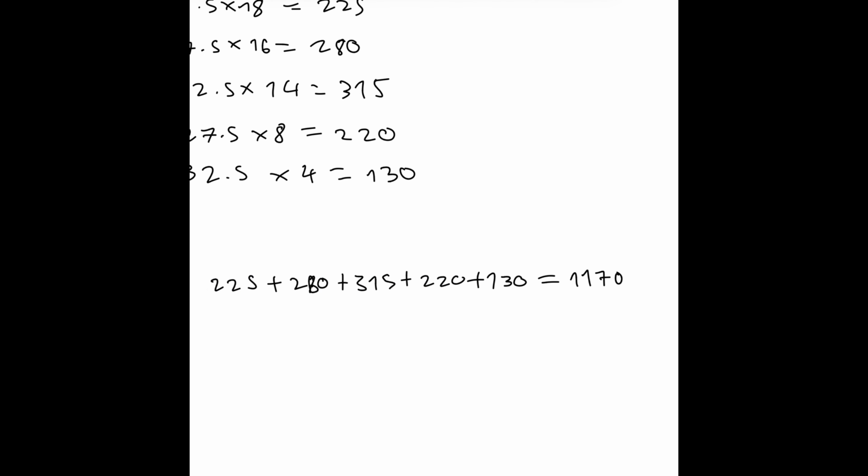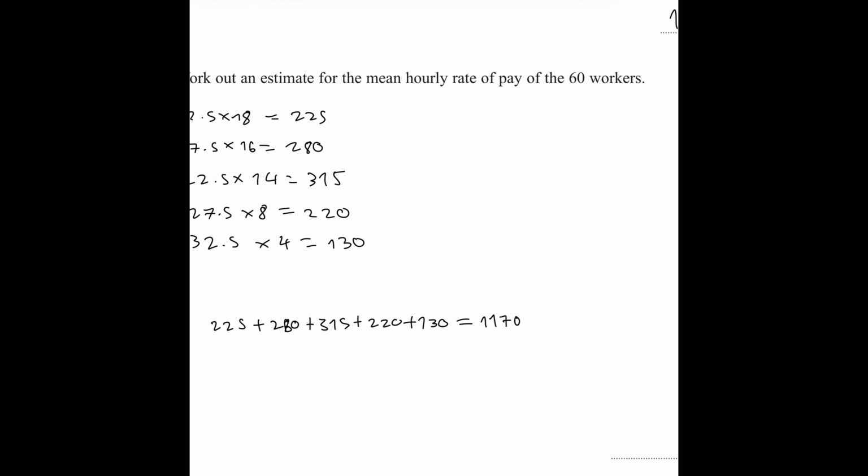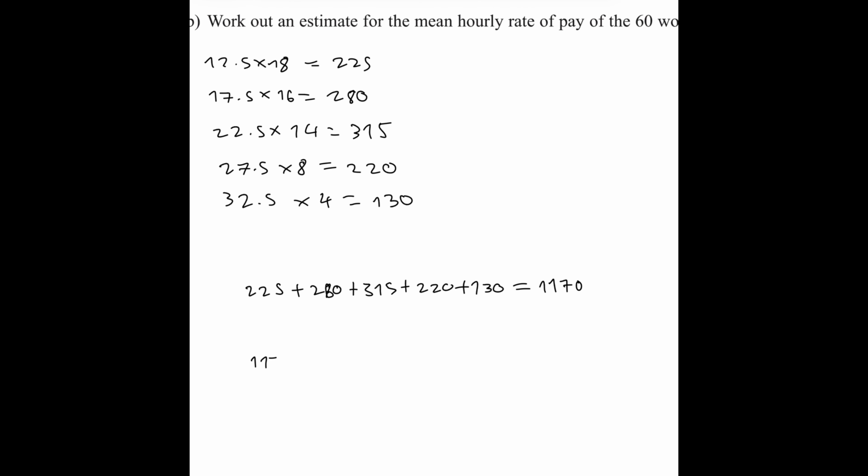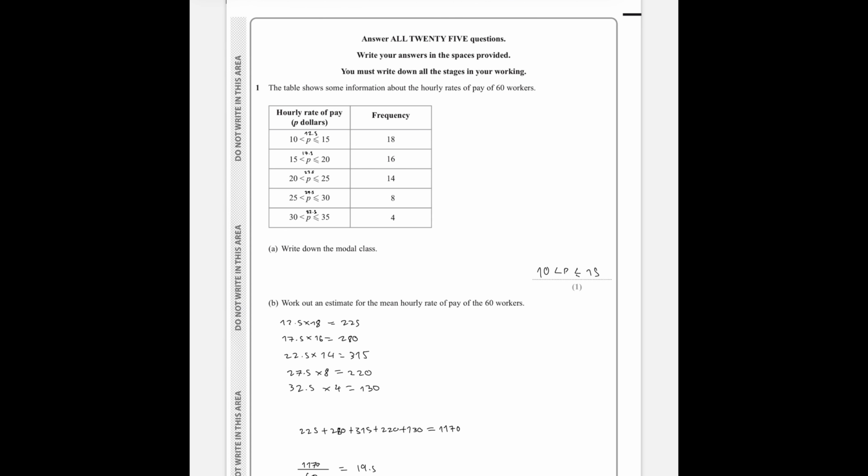And that's the total. But I asked for the mean, so we're going to do that. So we're going to take this divided by the total amount of workers, which is 60, which is going to give us 19.5. And that's going to be the answer. That's quite a nice question, 4 marks, and it's pretty simple.